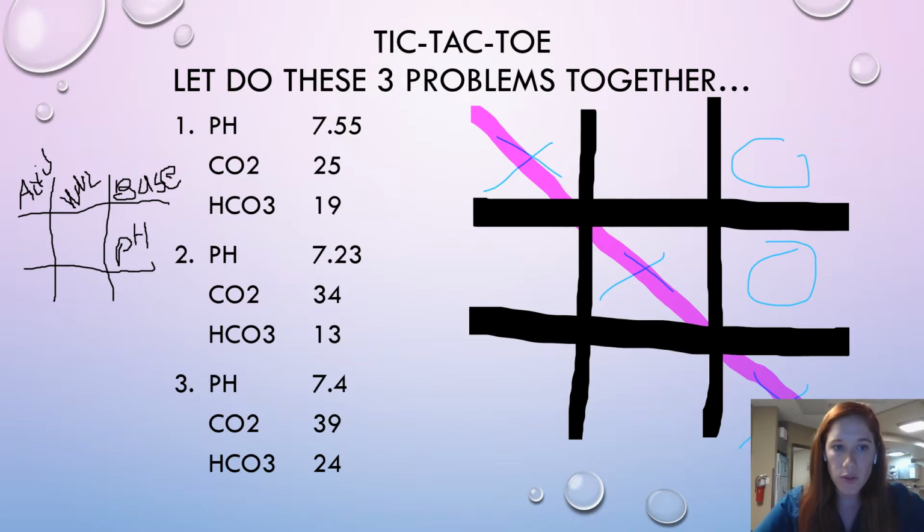There's our pH. Now we look at our CO2. What's our CO2? 25. Look at your reference range, 45 to 35. Less than 35, which 25 is, is going to be towards the basic side. So write your CO2 in that basic column. That HCO3, that metabolic indicator, is 19.